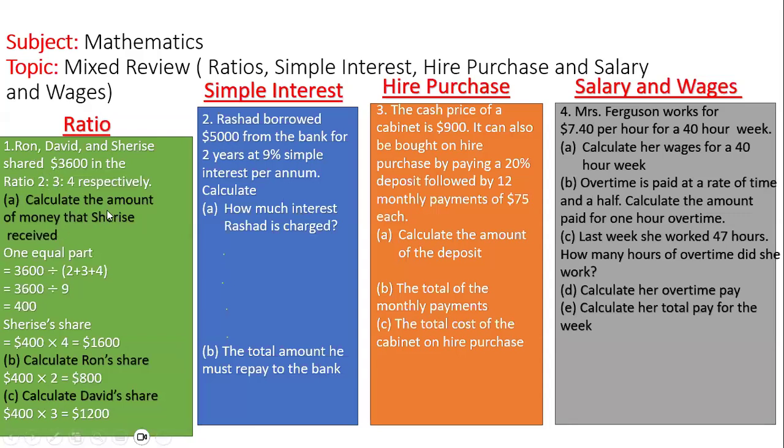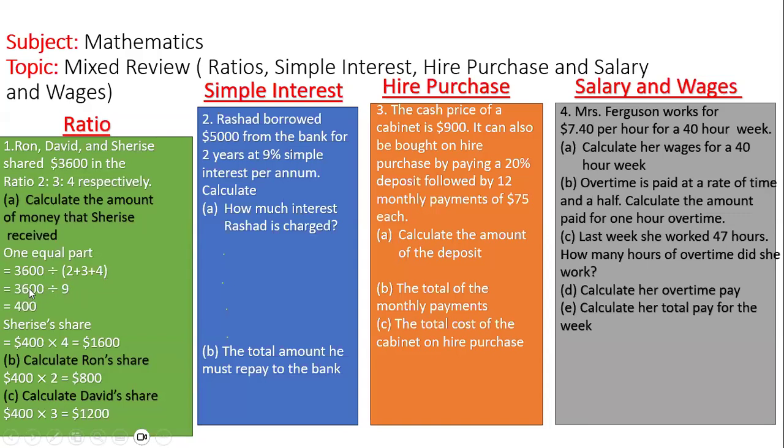Now it says calculate the amount of money that Charisse received. Charisse should receive 1,600. Good. How do we do that? The first thing we do is find 1 equal part. We divide 3,600 by the sum, which is 2 plus 3 plus 4, which gives us 9.